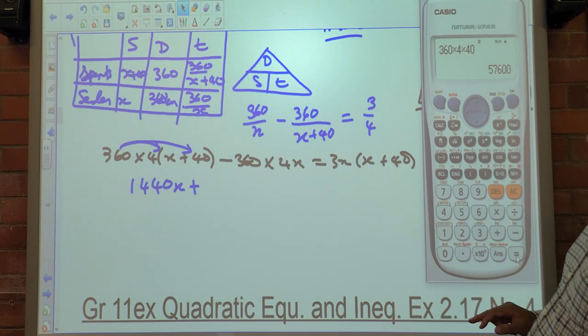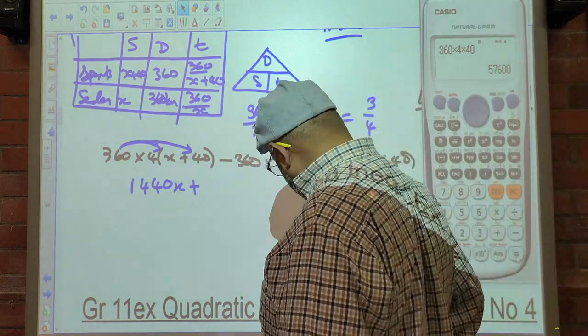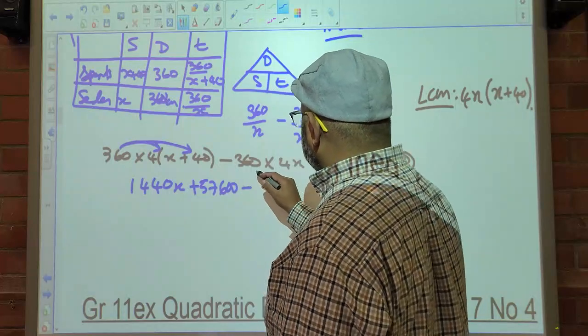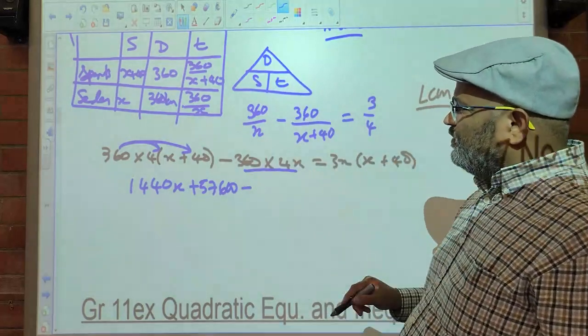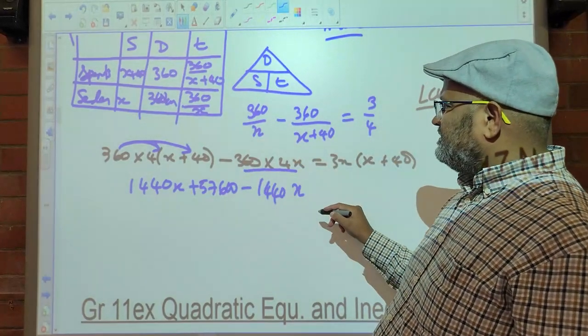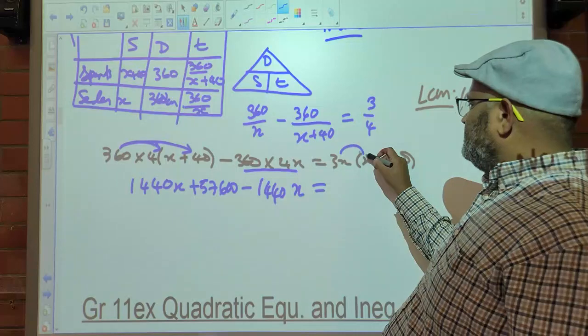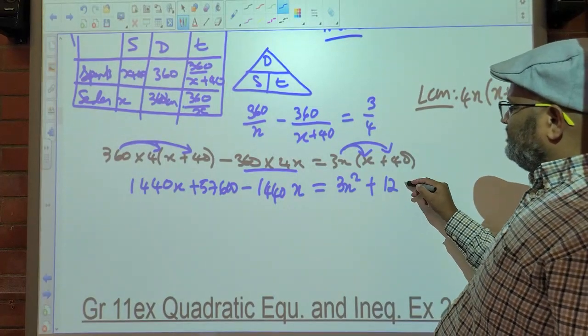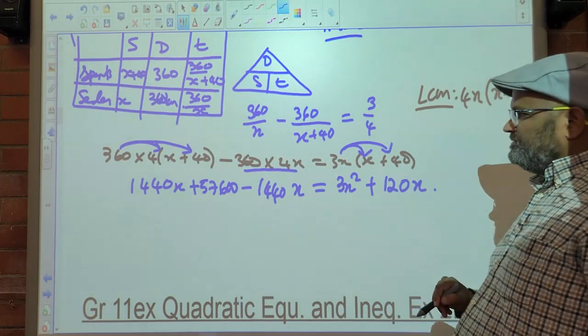That gives you 57,600. So 57,600 minus 1440x equals, that of course will give you 3x squared plus 120x.